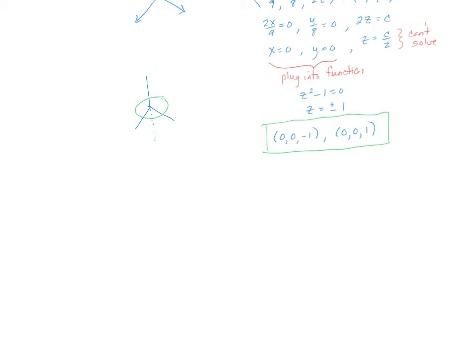If you look above and below, this looks like it's at 1 and negative 1. This is where we can see that there's probably going to be horizontal planes passing through. So that makes sense because the shape is an ellipsoid.